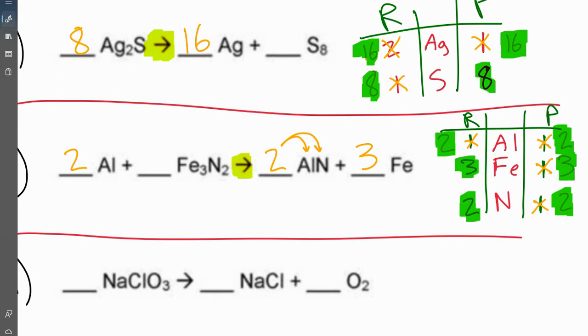And if you look through our reaction, you see the same thing. 2 aluminums, 3 irons, 2 nitrogens. Then over in the products, remember this 2 distributes. 2 aluminums, 2 nitrogens, and then 3 irons. So that becomes our reaction right there.